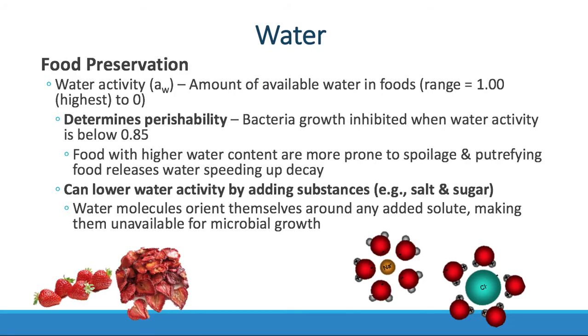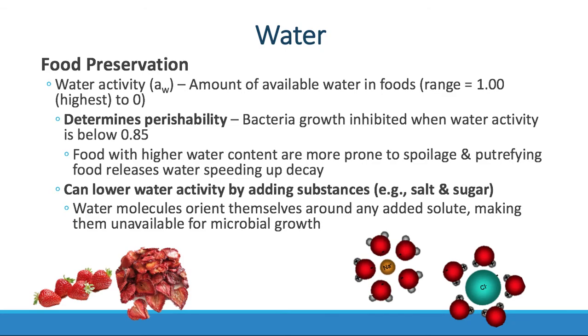Most foods aren't going to support bacteria growth if their water activity is below 0.85. Pure water has a water activity of 1.0. Therefore, foods that have a high water content, such as milk, meats, fruits, and vegetables, are going to be more prone to spoilage than drier foods like nuts, beans, or dried fruits.